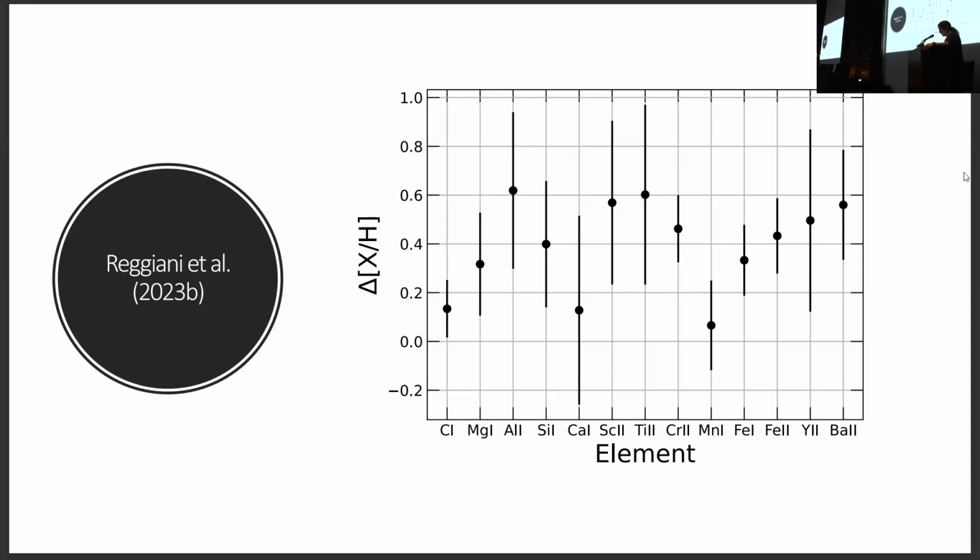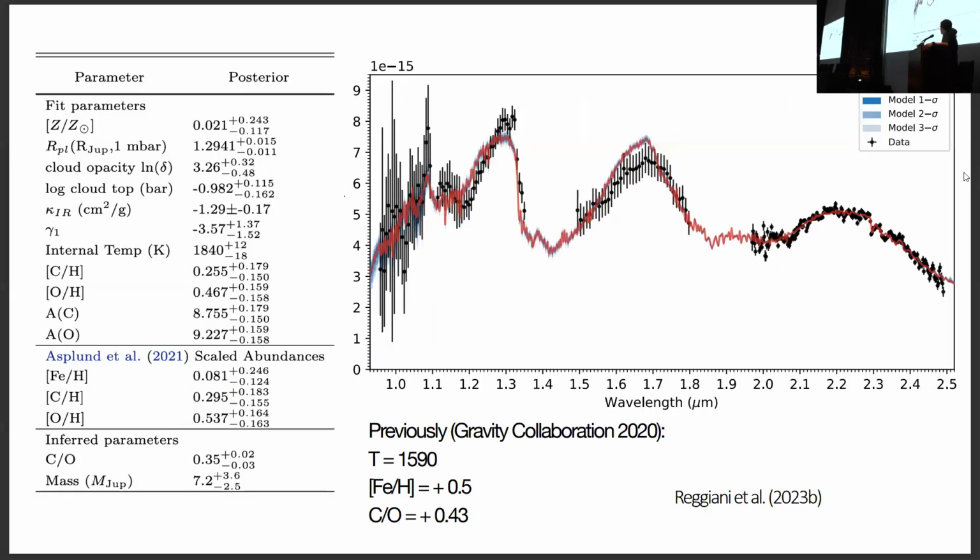Okay, now let's go back to the planet really quickly. There's the JWST data for this planet. So I got the data and we reanalyzed it. Previous analysis of Beta Pic b was done by the GRAVITY collaboration. They found a temperature of 1500 Kelvin and a metallicity of 0.5.